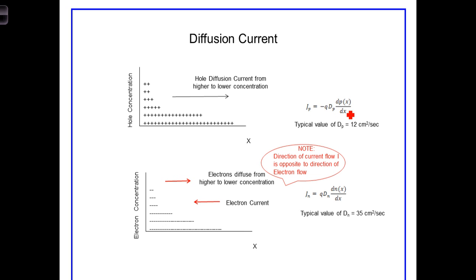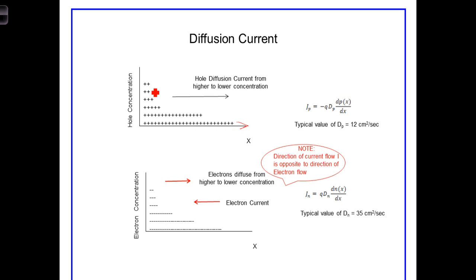So here we have a plot showing a distribution of charge of holes, where the concentration or the number of holes decreases as you go in the positive X direction. So here, close to zero, we've got a large concentration of holes, and as we move further down, the concentration or the number of holes reduces.